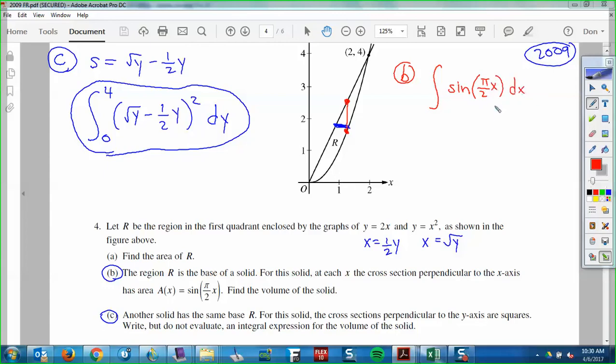I think I got it. Are we supposed to evaluate or just? You have to evaluate B. You have to work out B. With calculator or without? Without.